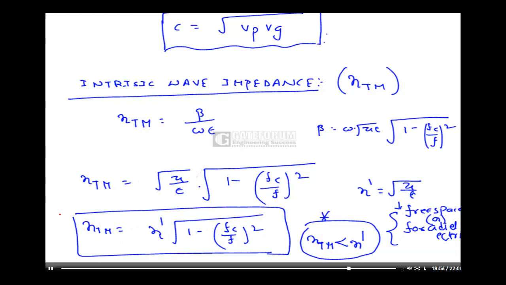So this formula is very important. In waveguides particularly, the formulas are important to solve the problems, so keep in mind all the formulas. Another important relation is the relation between lambda g, lambda naught and lambda c.